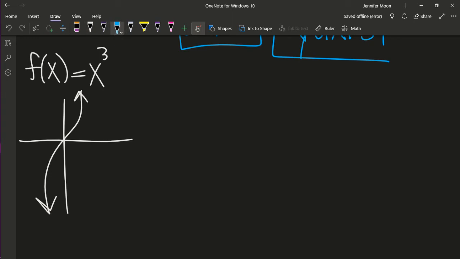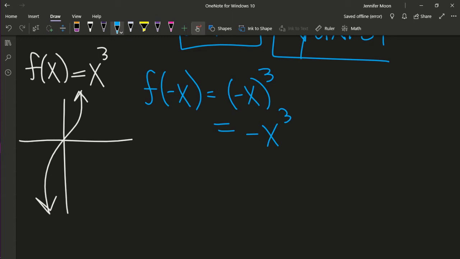So if we do our test, what we're doing is we're plugging in a negative x into our function. Wherever I see an x, I plug in a negative x. This is an odd power, which means I have a negative x. Keep your variable. What I notice here is that this does not equal f of x.